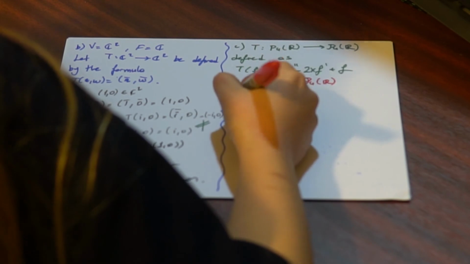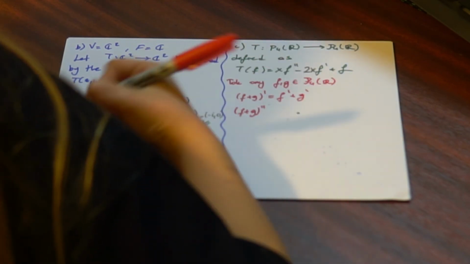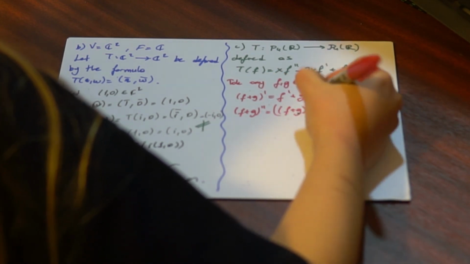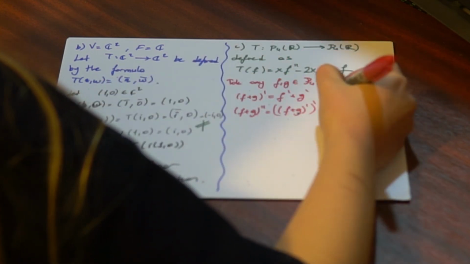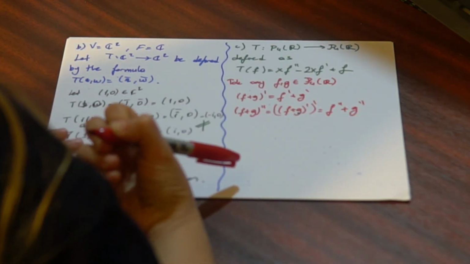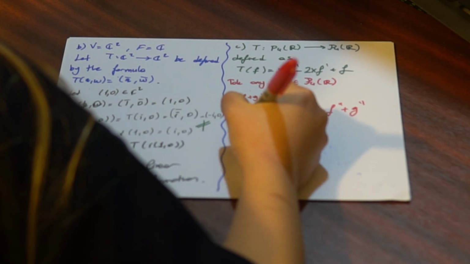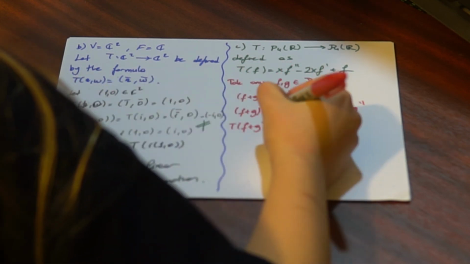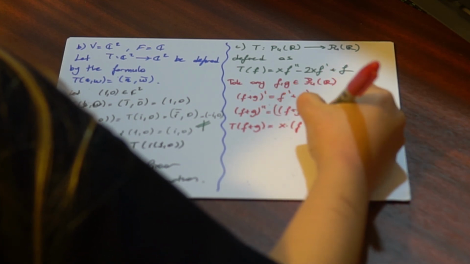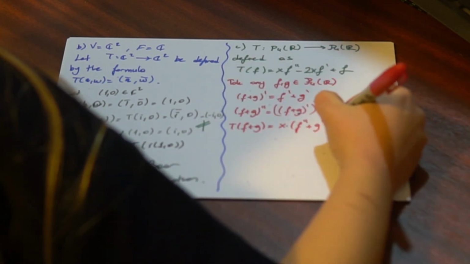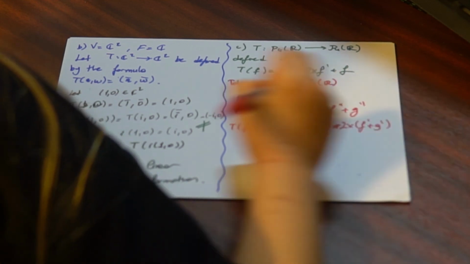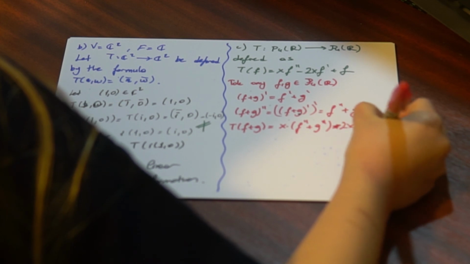These are the rules of differentiation. So the second derivative of f plus g is the derivative of the first derivative of f plus g, which is equal to the second derivative of f plus the second derivative of g. So T of f plus g is equal to x times (f second derivative plus g second derivative), minus 2x times (f first derivative plus g first derivative), plus f plus g.